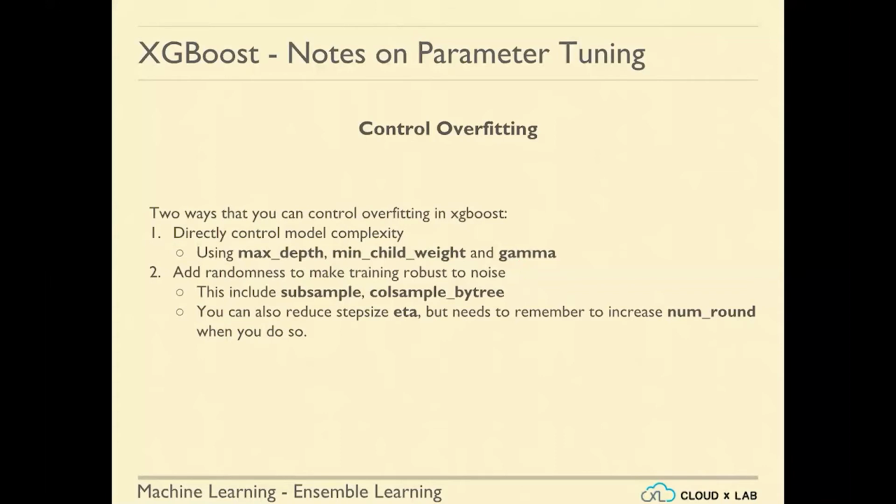The bigger the gamma, the more the regularization. Okay, and use randomness to make training robust to noise, and this includes subsample and so on.